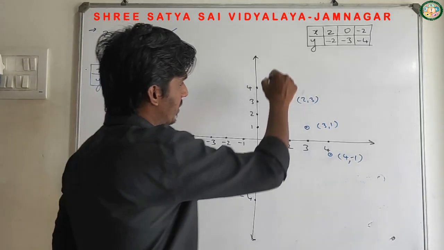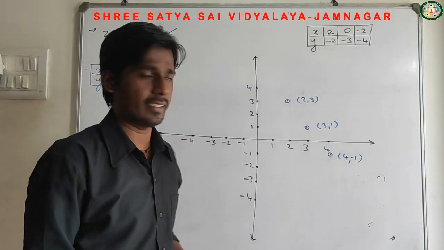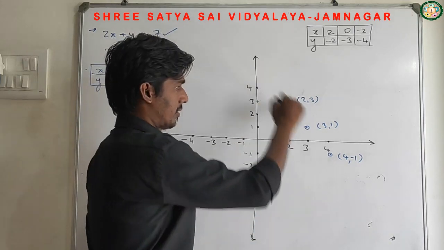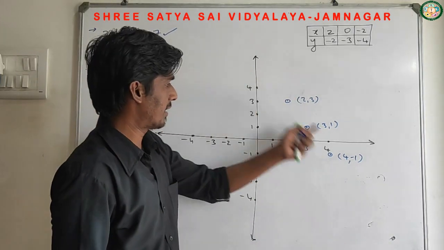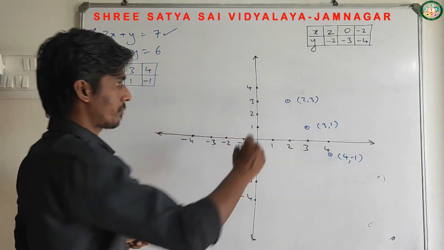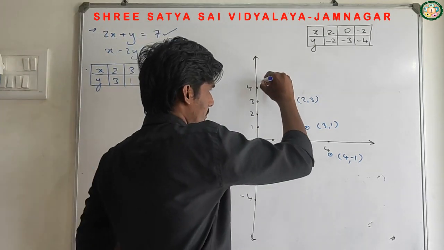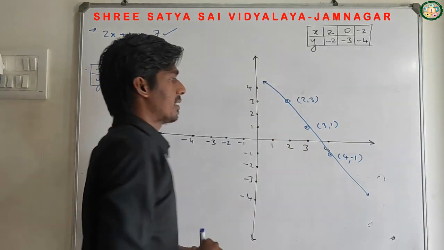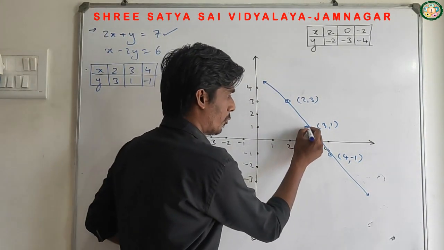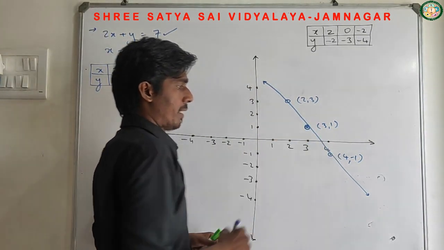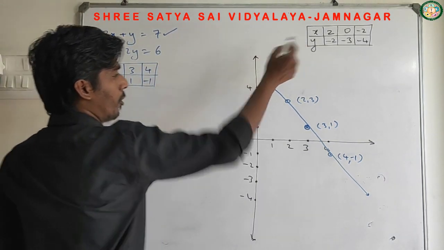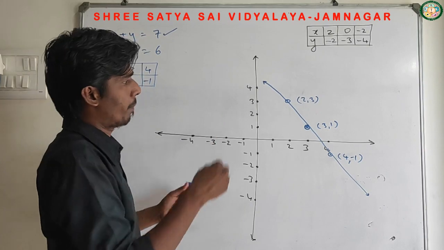Now if you look at these points, are they coming on a straight line? Yes, definitely they are on a straight line. Then I can say this line is correct for the first equation. Let's draw this line. Okay, so this is that line. As I am drawing roughly, it is not passing exactly through the points, but you have to draw with a scale. Similarly, I am going to plot the second one, black box, with a black marker.